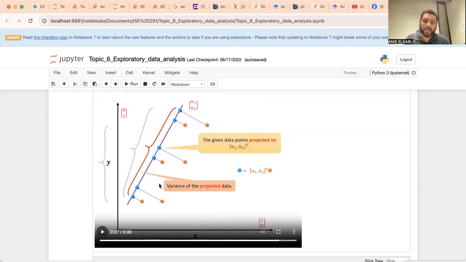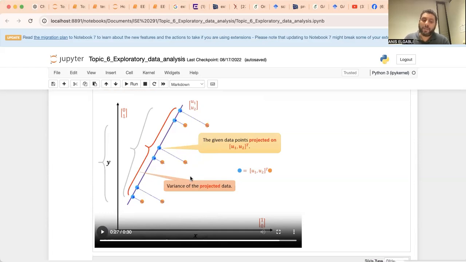Now, if I choose this as the first direction, what will be the best second direction to choose? Because now, I want to go back to 2D. If I have chosen this direction as my first principal component, as we call them, then what will be the direction of the second principal component?